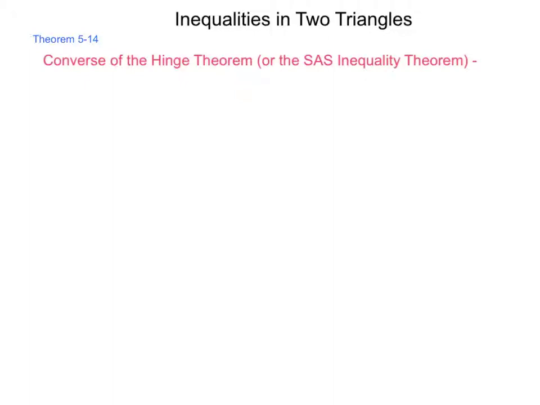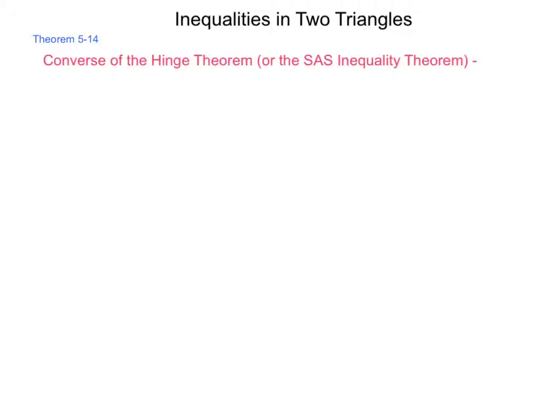Previously we were looking at the included angle not being congruent and the relationship between the sides. Now we're saying the sides are not congruent and it's a relationship between the angles. So the same hinge idea shows up. If the door is open wider, then the angle where the door meets the wall is larger.